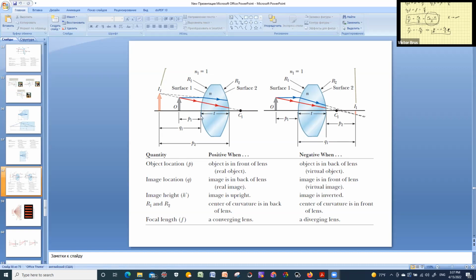We have one interface with radius r1, which is the interface where the first refraction happens. We also have a second surface, the interface between glass and air with radius r2, where the second refraction happens.